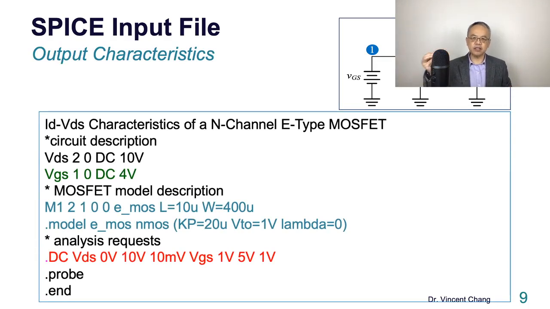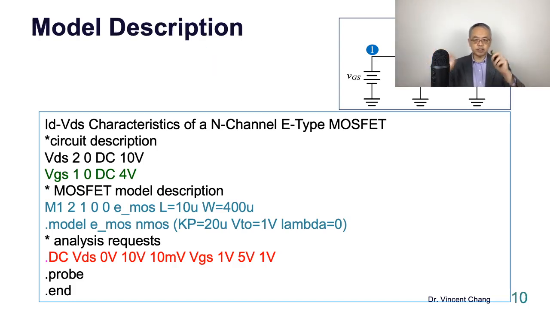It says the ID versus VDS characteristic of an N-channel enhancement MOSFET. Let's pay attention to the middle part, the model description. M1 2 1 0 0: what does that mean? Just check the circuit diagram.